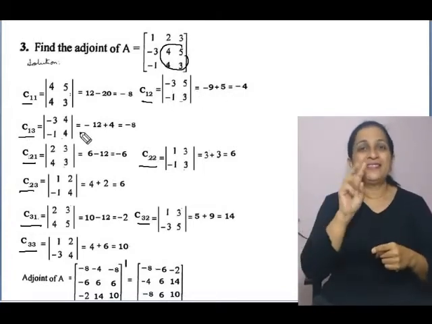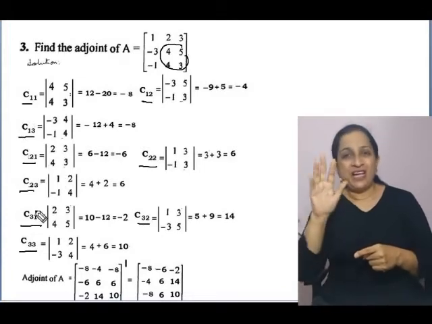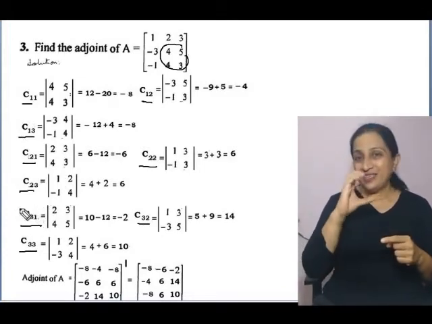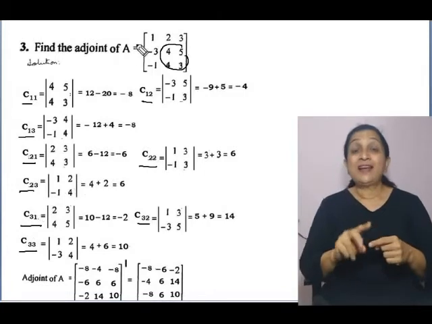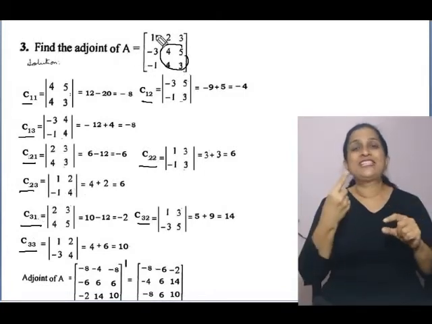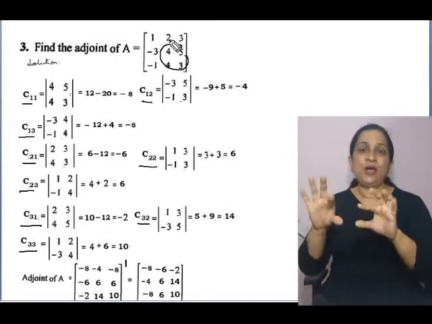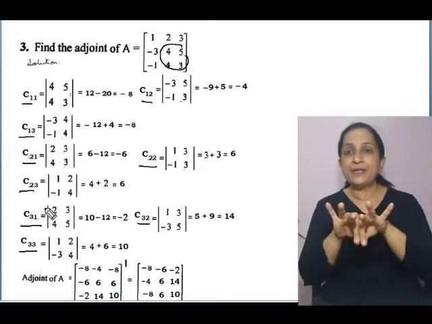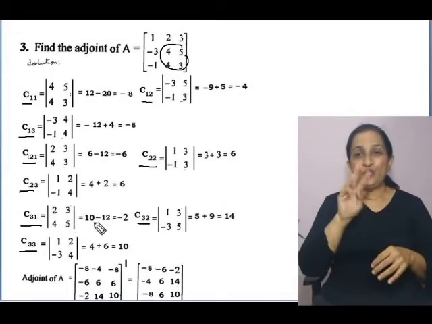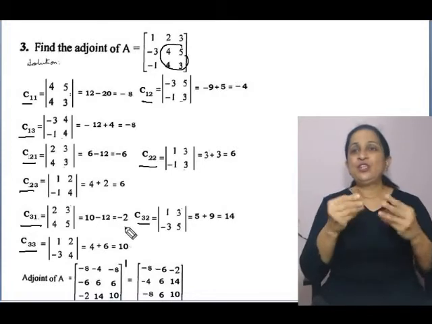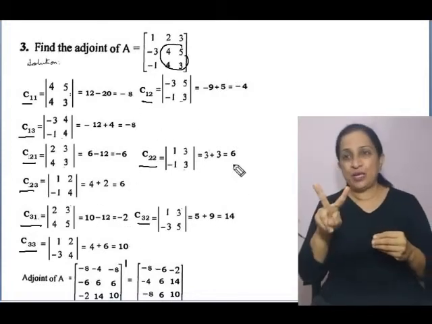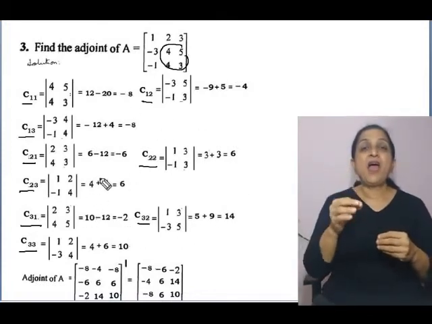Solve that one. Like that, I'll take one more. Suppose C31 is nothing but third row, first column. That is third row and first column will be left out. That means you get 2, 3, 4, 5 elements. So if you solve for that, you will get minus 2. Like that, you have to determine the value of all these elements.